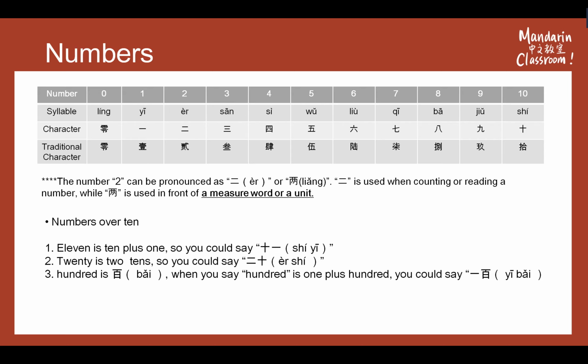I'll make another example, like 70: 7 and 10, so it's pronounced 70. Okay, that covers the numbers from 0 to 99. So how about 99? You could treat it as a combination of these: 99 is 9 tens plus 9, so it's pronounced 99.